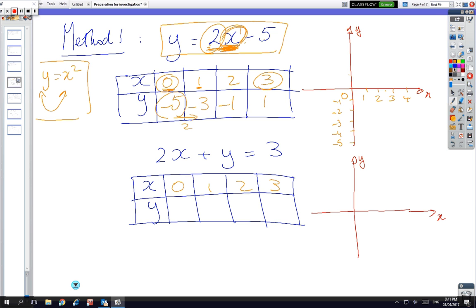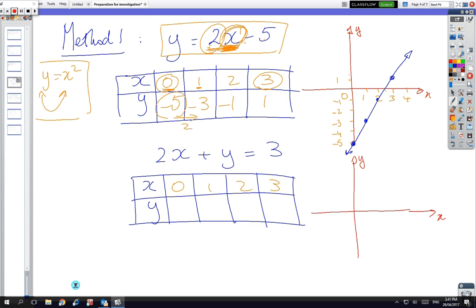And what we've got is 0, minus 5 is there, 1, minus 3 is there, 2, minus 1 is there, and I need to have one more number up here, and 3, 1 is there. And if I've done it properly, those are going to be in a straight line, which is close enough for my sketch.